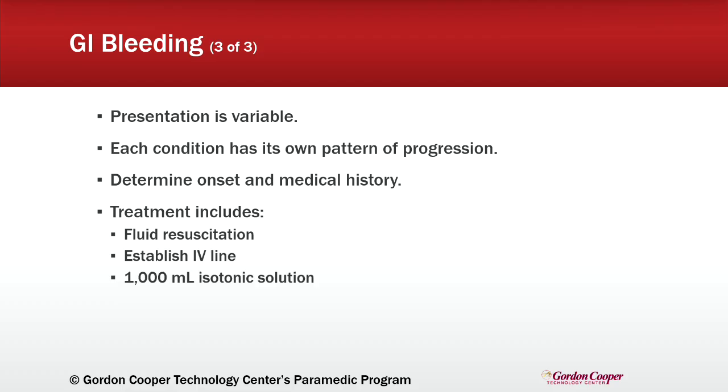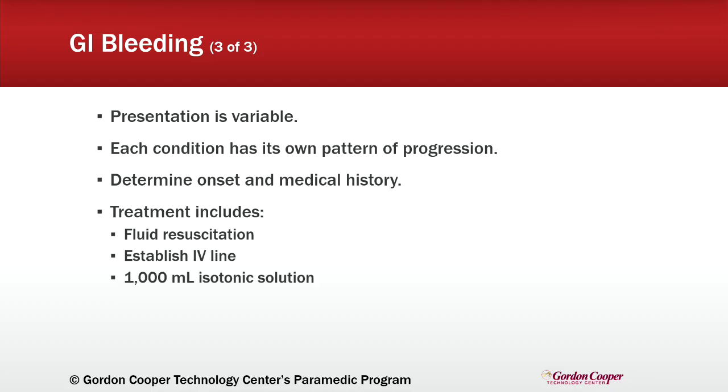So presentations of GI bleeding vary depending on the condition, and of course each one has its own pattern of progression. Knowing the onset of symptoms is really helpful in making a better determination of what's going on. And of course we do that by getting a detailed medical history. Ask them what medications they're taking, because some may actually cause more irritation of the GI tract.